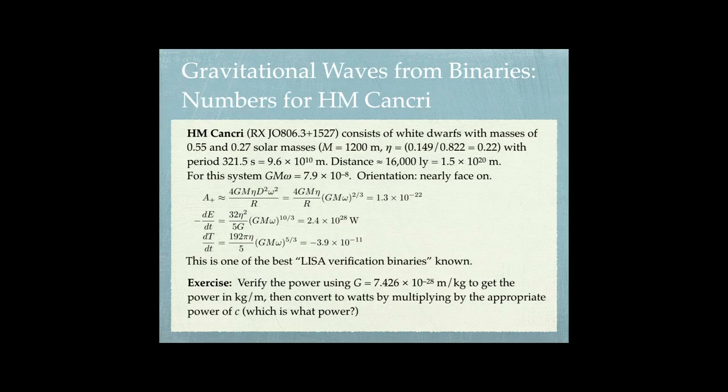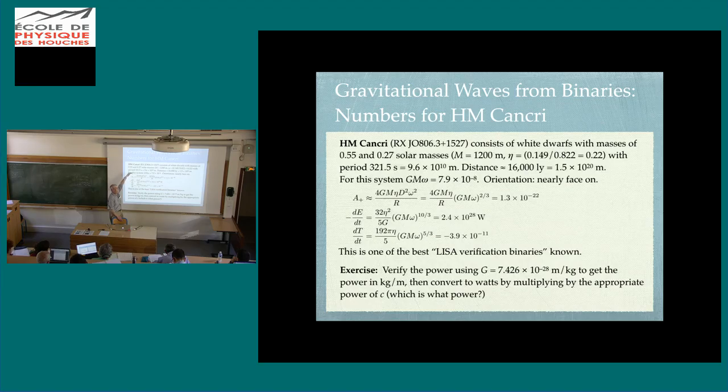All right? So we can actually do this kind of calculation for an actual star in the sky. This particular system is one of the LISA verification binaries. It has a mass that's known, it has a period that's known, it has a distance that's not so well known, but we'll make a guess that it's about 16,000 light years.